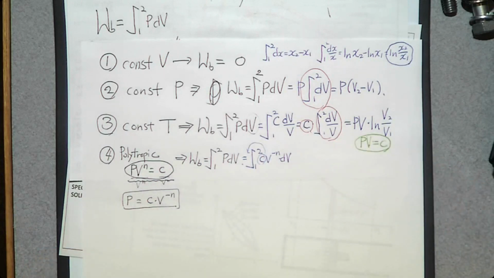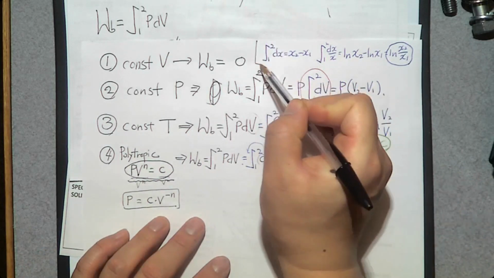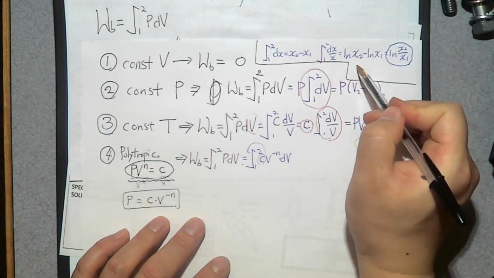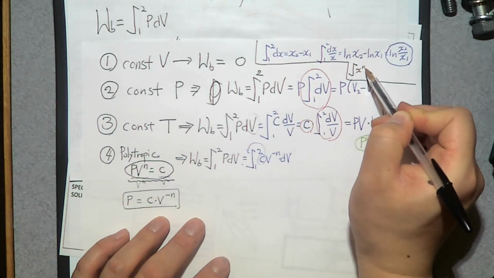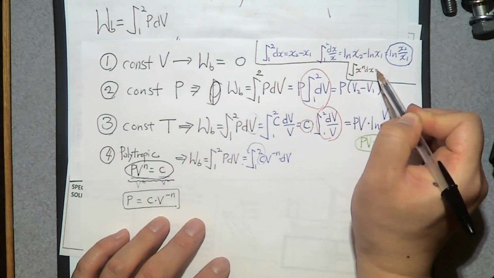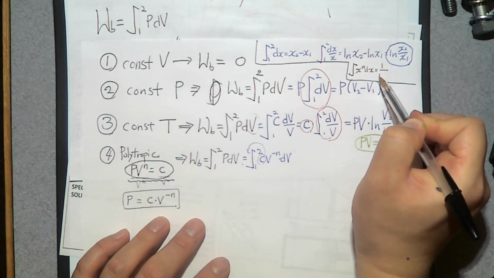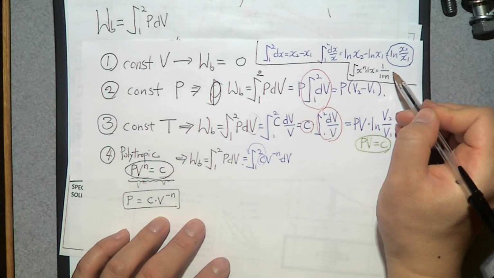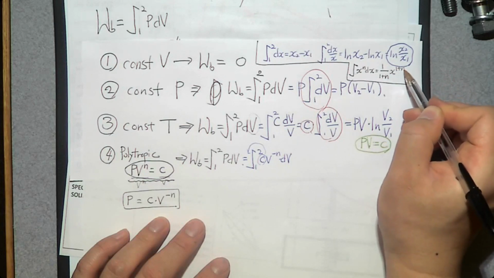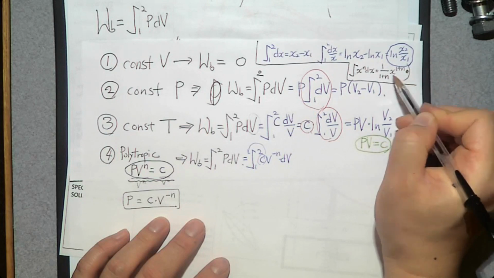Then how do you solve the integral of V to the power minus n? The integral of x to the power n dx is going to be 1 over 1 plus n times x to the power 1 plus n. So that's how you solve it.